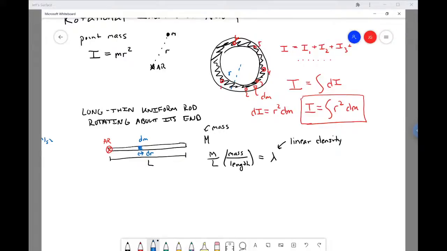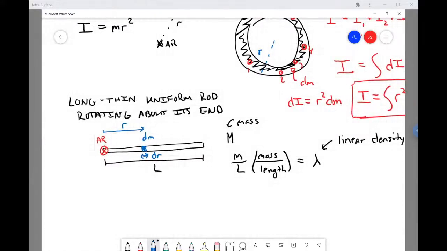So it has a tiny width, dr, and positionally it's at some distance r from the axis of rotation. So there's a little tiny chunk of mass, and there's an infinite number of them all along the length of this long uniform rod.